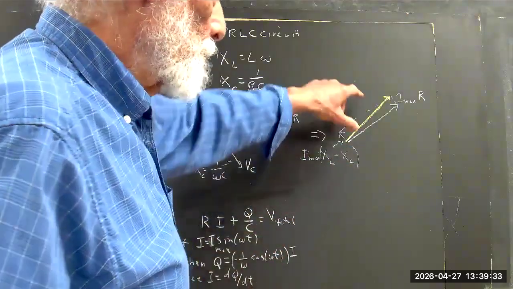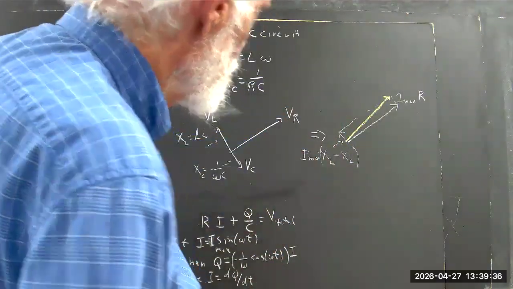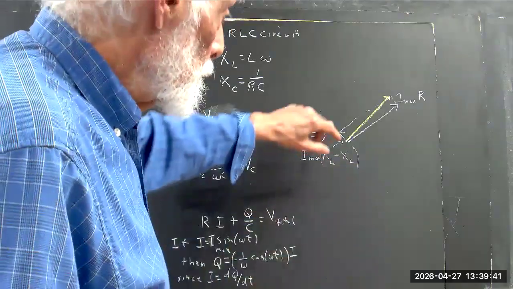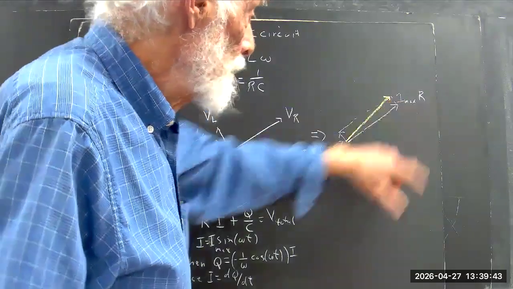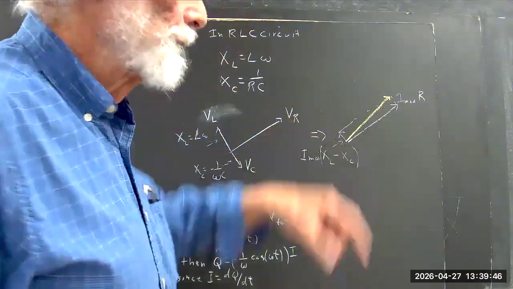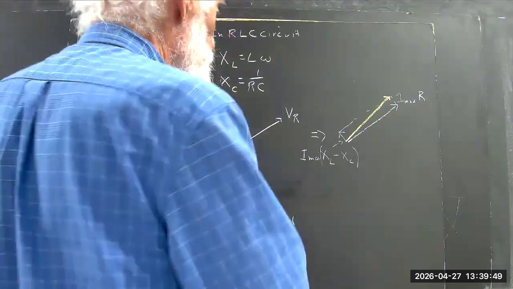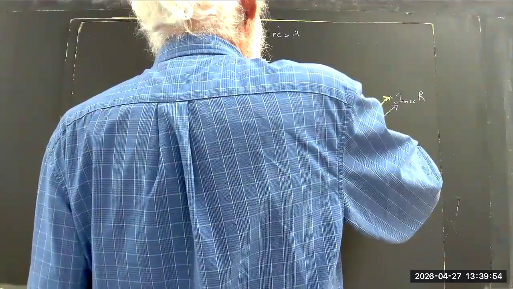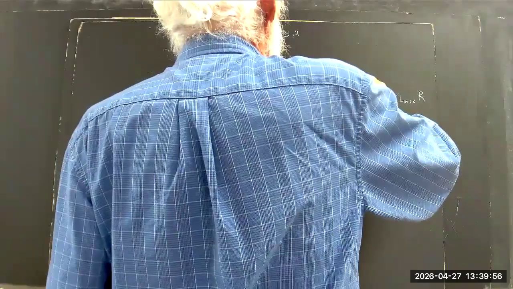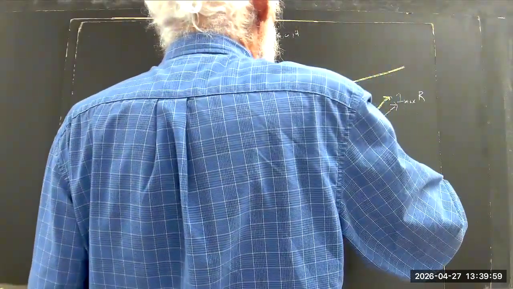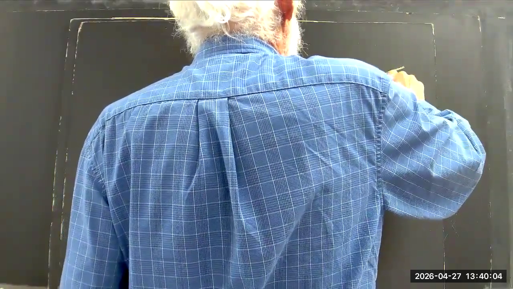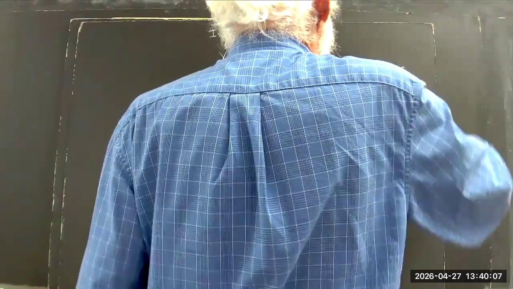But the only difference between what I'm going to write here and what I wrote before is I don't have a symbol for XL minus XC. But I've got a right triangle with legs, I max times R, and I max times XL minus XC, which means the hypotenuse is this.